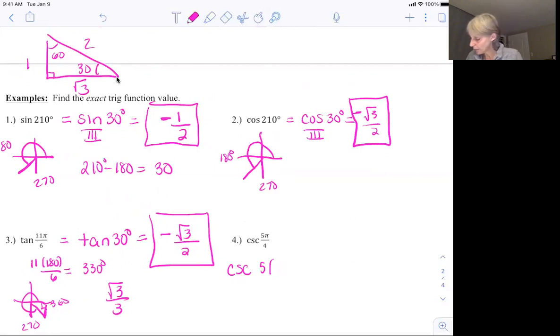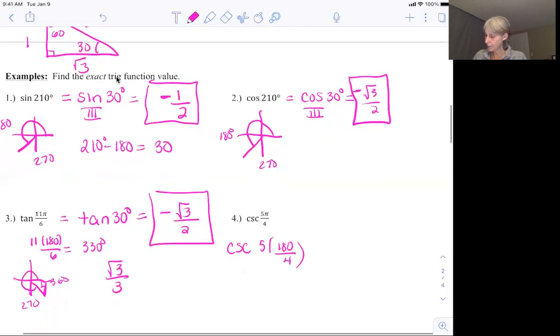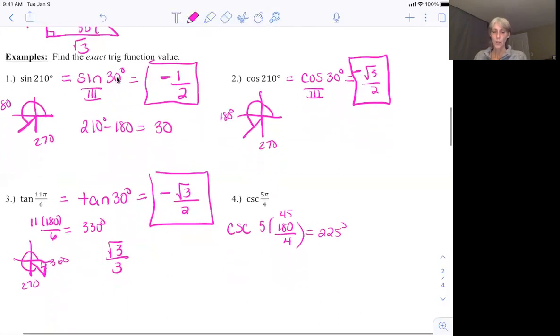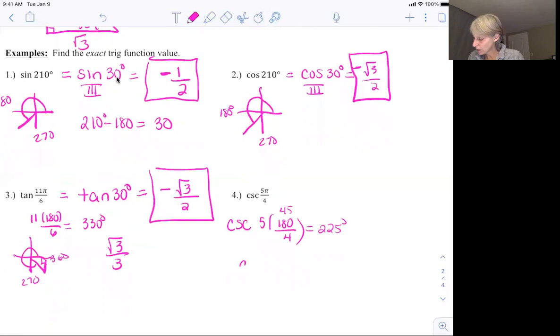I'm jumping ahead of myself here. 180 divided by 4 is 45, right? So 5 times 45 is 225. So the cosecant of 5 pi over 4 is equivalent to the cosecant of 225 degrees.